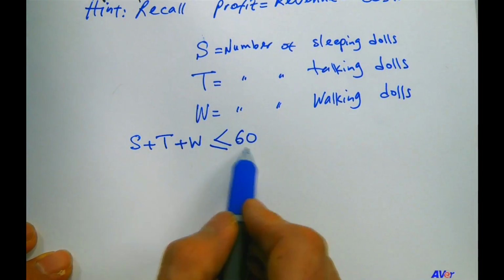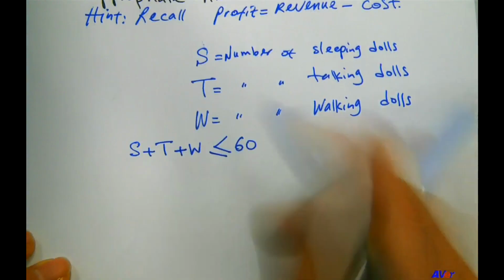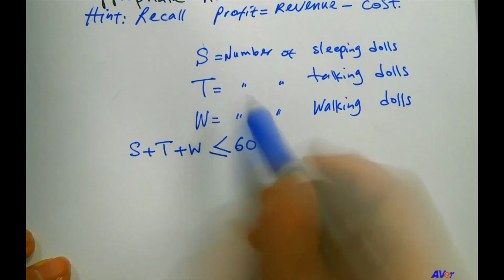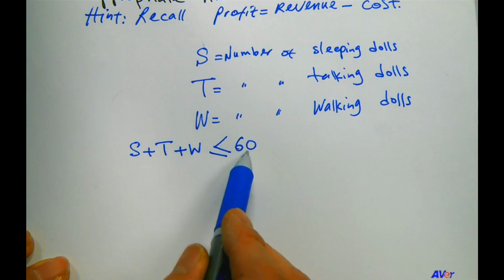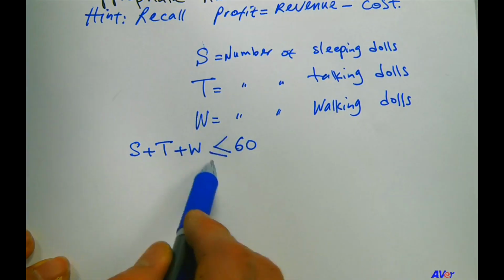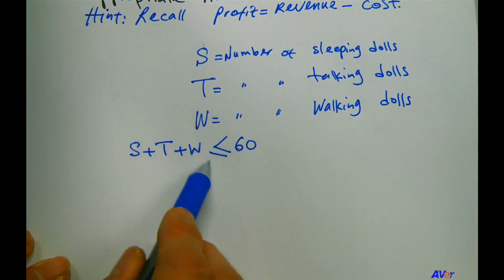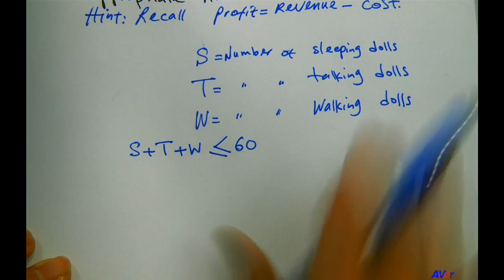At most 60. So if we add up the number of sleeping, talking, and walking dolls, it should not exceed 60. It should be either equal to it or less than that. So this means the phrase at most translates into this inequality.